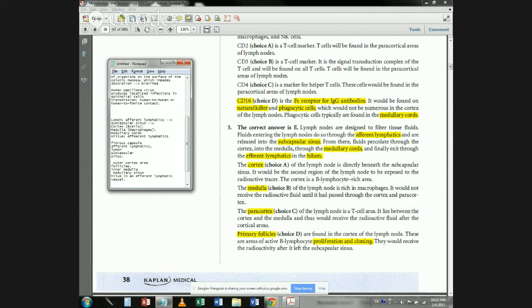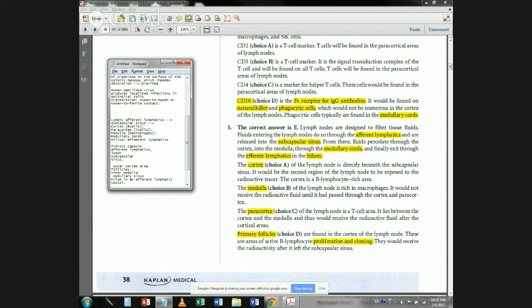It would not receive the radioactive matter that has passed to the cortex and paracortex. The paracortex of lymph nodes is the T cell area.